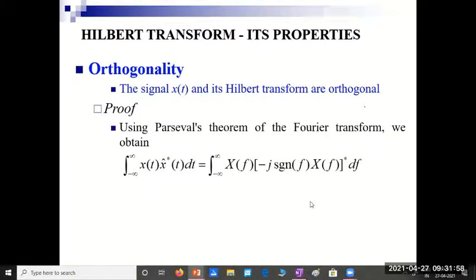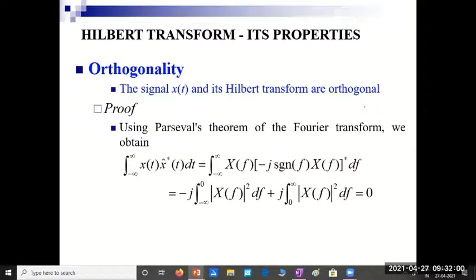So whenever I multiply a signal with another signal's complex conjugate and integrate between minus infinity to plus infinity, you see how this simplifies.